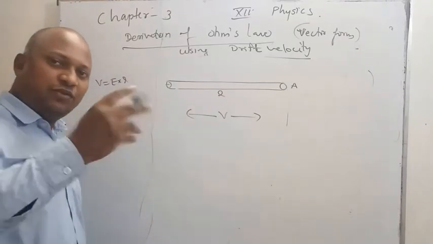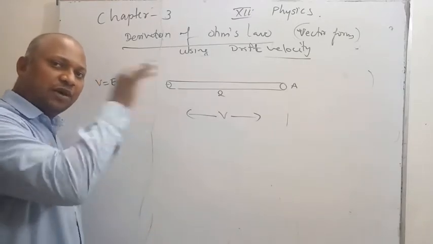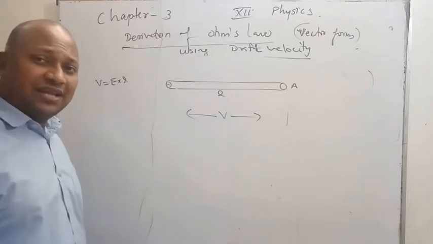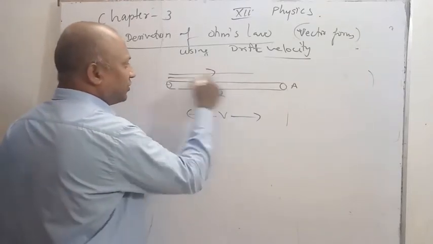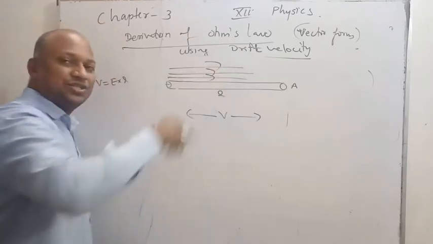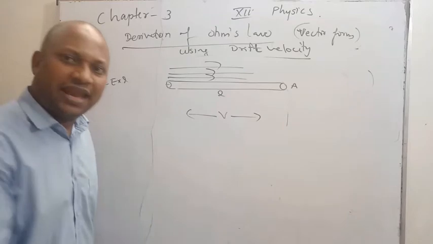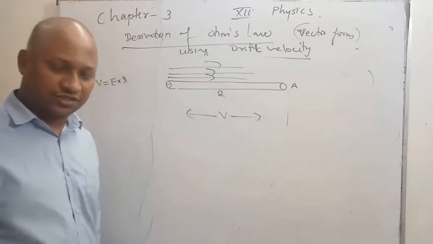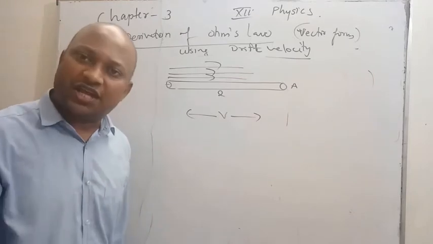So when E and V are interconnected, if there is a potential difference, that is an electric field passing through this. So when there is an electric field passing through this, we know that the positive charges move in the direction of electric field, and the negative charges move in the opposite direction of electric field. And for a conductor, what are the free charge carriers there?